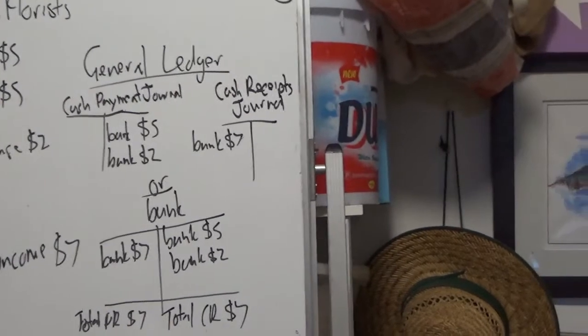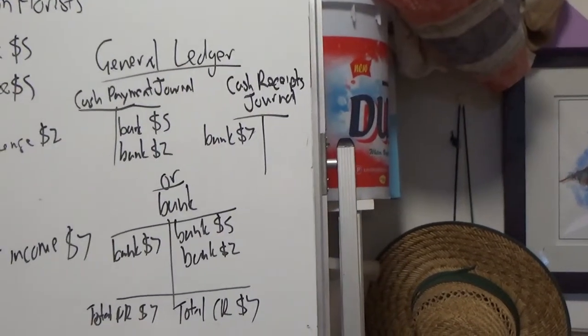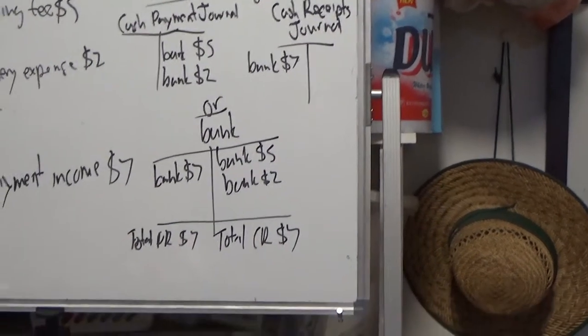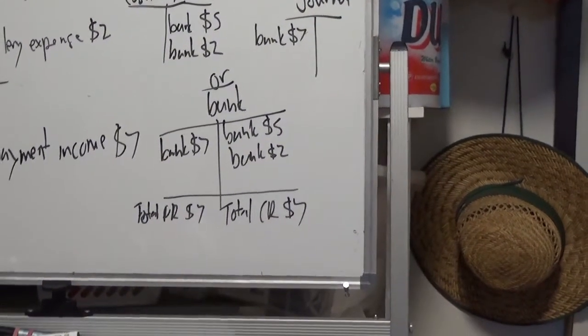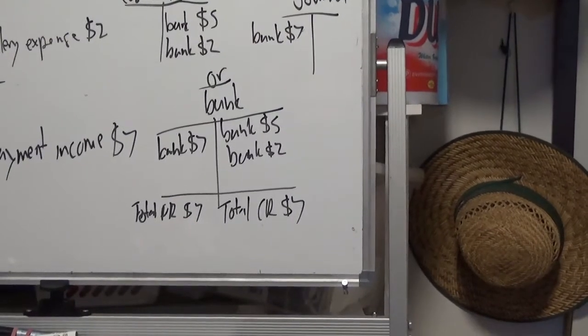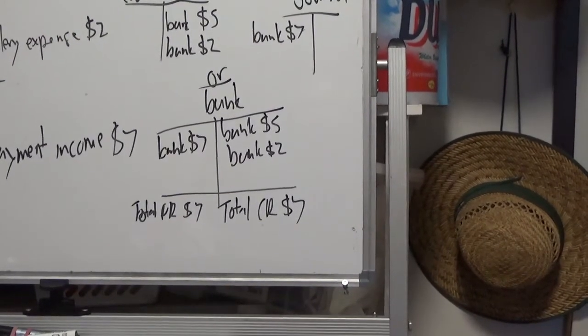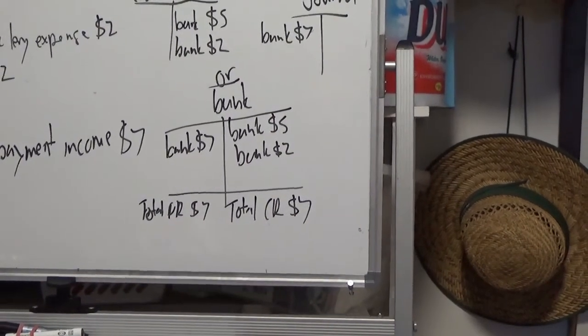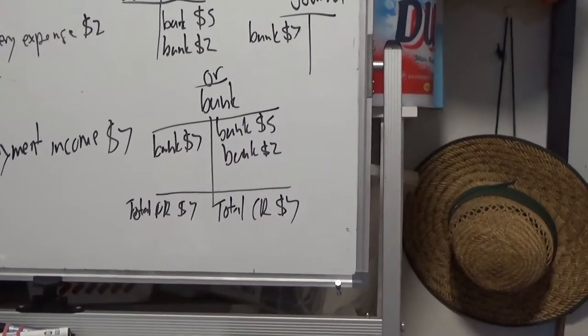The cash receipts journal has the incoming cash from interest earned, bank, $7 on the debit side, or they might just have a bank ledger, and you put the respective debit and credit items on either the left hand side, debit side, or the right hand side, credit side.